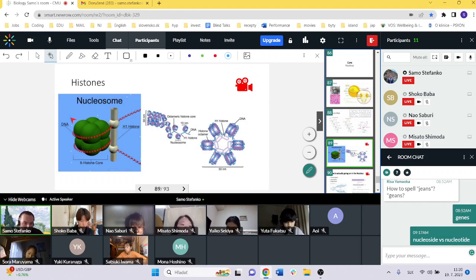What we are able to see on this picture is just this little part of this more complex structure, the nucleosome. And there is another one, another one, another one. So nucleosomes are proteins which wrap the DNA strands around themselves in order to save space and to be more efficient.